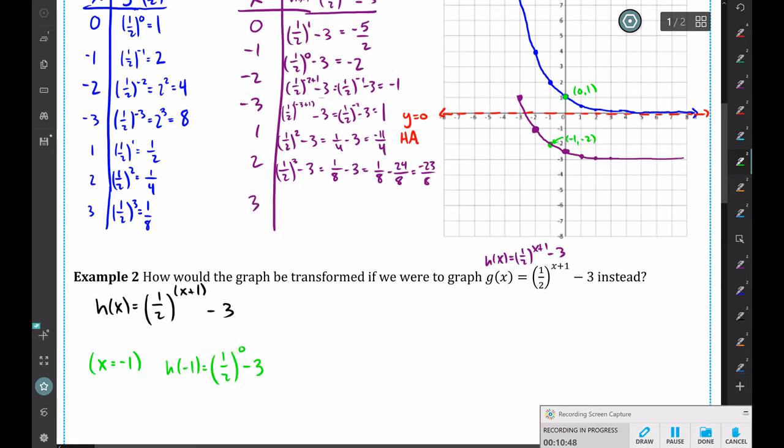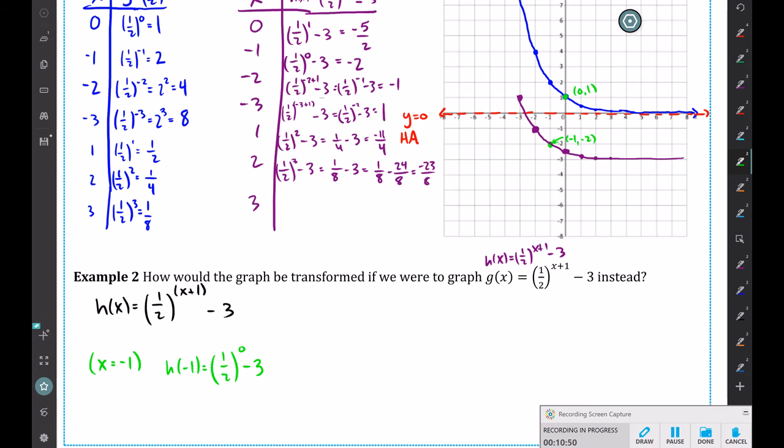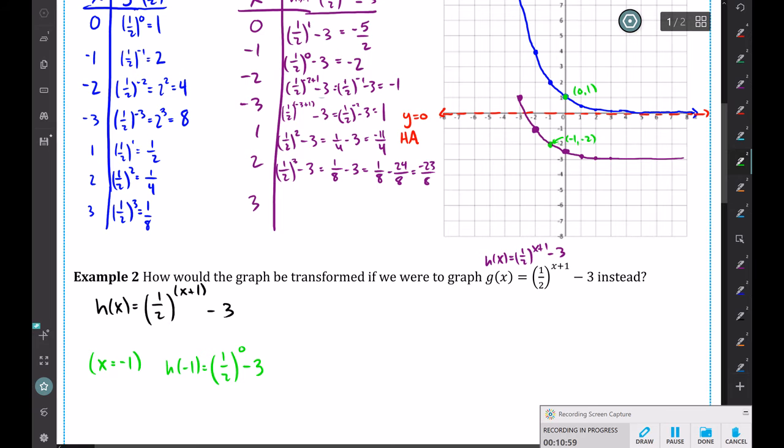The fact that I'm raising 1/2 to the 0 and getting 1 is like the 0, 1 point. That's like my base point. And then I'm going to subtract 3 from the y value. So what that's telling me is that this negative 1, negative 2 is like my 0, 1 in the blue graph. To get there, what did I do? I shifted left 1 unit.